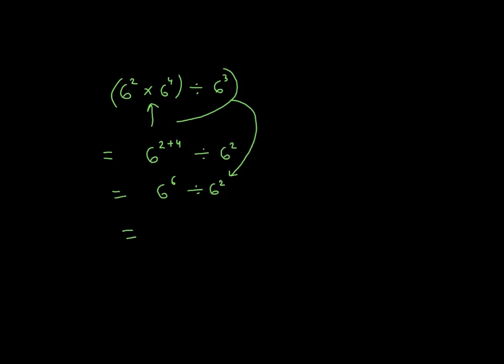Now again we can use the second law of exponent, in which the same bases with different powers are divided. Here we will be getting 6 raised to power 6 minus 2. So your answer in exponential form is 6 raised to the power 4.